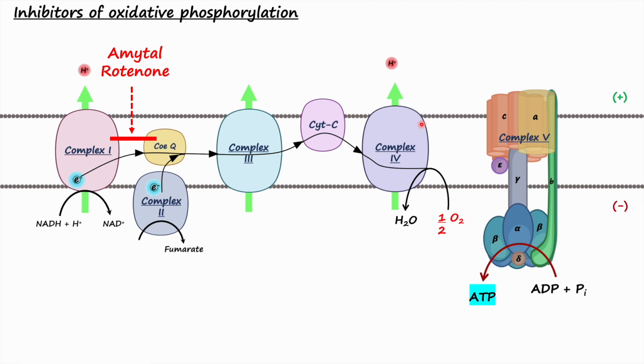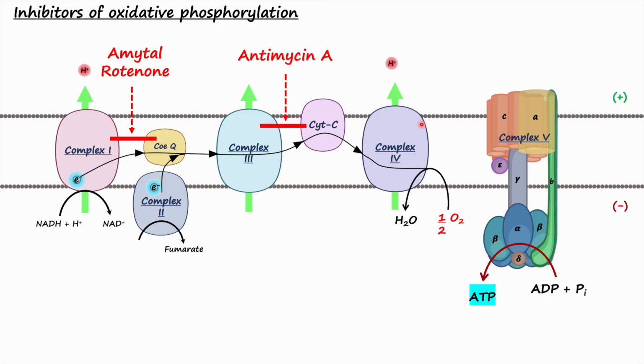They actually inhibit the passage of electrons from complex 1 to coenzyme Q. Rotenone is obtained from the roots of several species of plants, and aborigines in certain parts of the world have made a practice of beating these roots of trees along the riverbank to release this rotenone into the water. And when rotenone is released into the water, it paralyzes all the fish and makes them easy prey for these people. Amytal, also known as amobarbital, also inhibits the complex 1 enzyme of the electron transport chain.